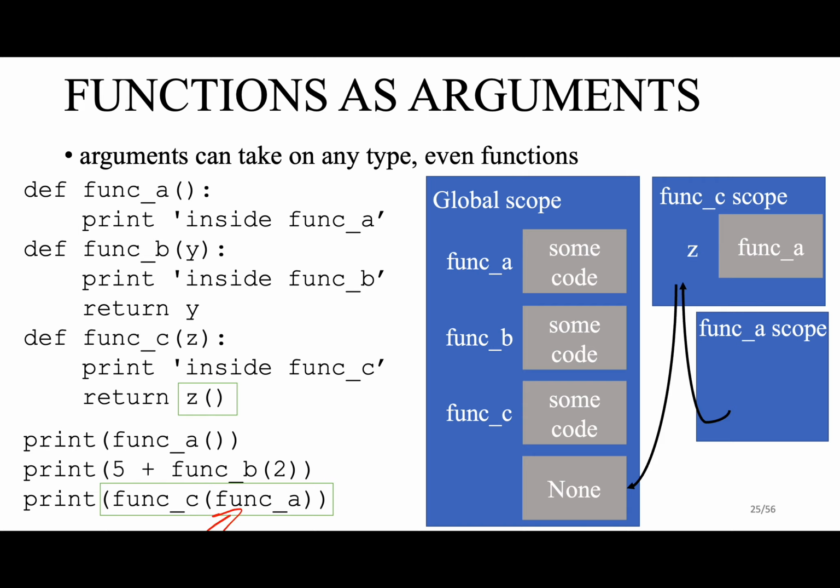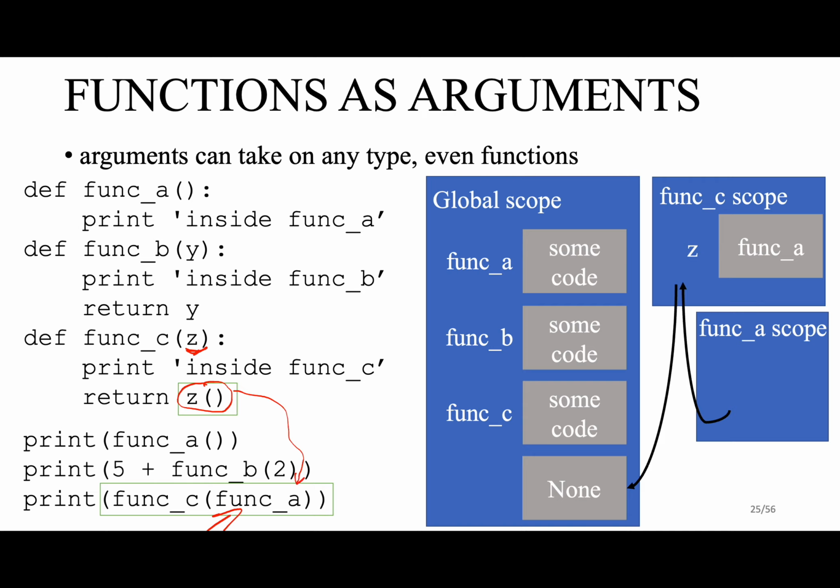And the next thing we are going to do, we provide an argument to a function c, and the argument of function c is a function, function a. Similarly, you see that in function c you have a parameter z, which is a function now, and in the function body of function c you try to execute function z, which is actually function a.